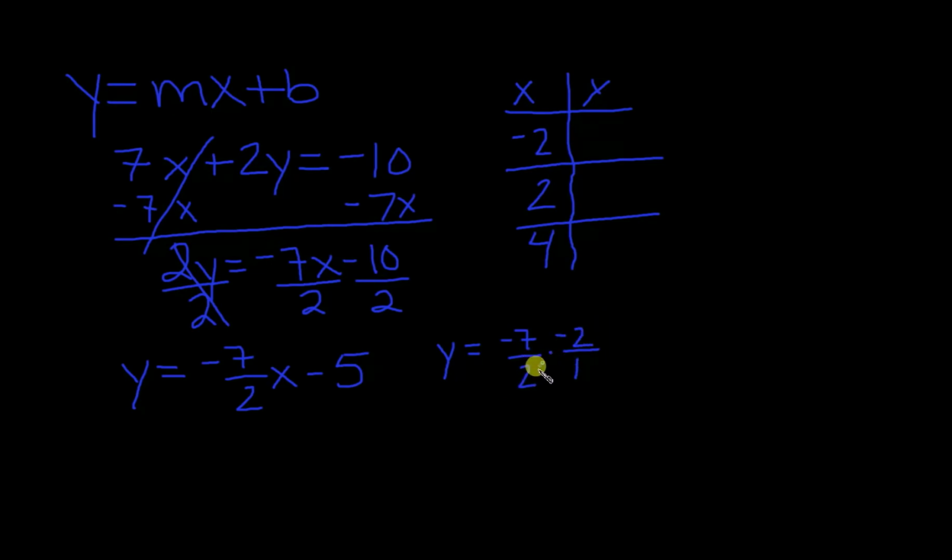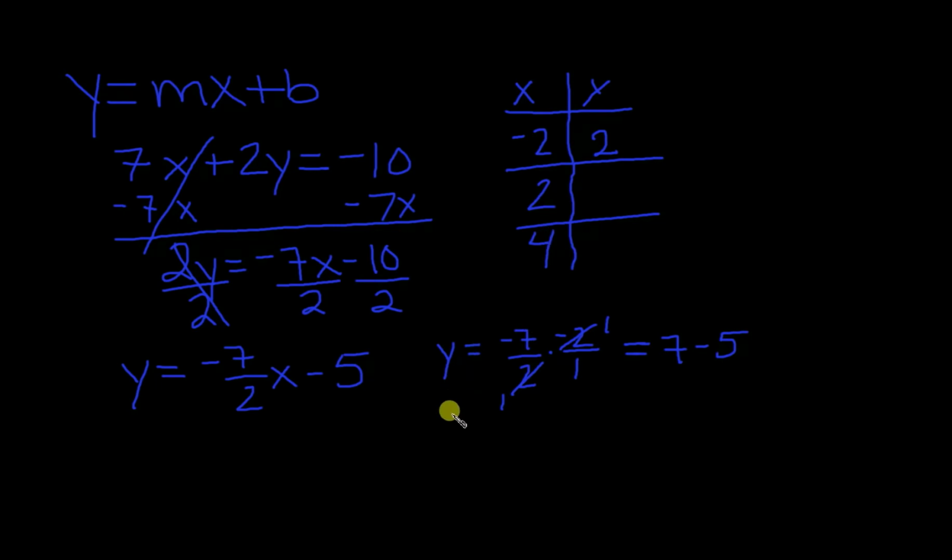So 2 divided by 2 yields 1, and negative 2 divided by 2 yields a negative 1. Notice the negative stays. So for our numerator, we now have negative 7 times negative 1, which gives us positive 7. And here's the rest of our equation, minus 5. So 7 minus 5 gives us 2. So if x is negative 2, y is 2.